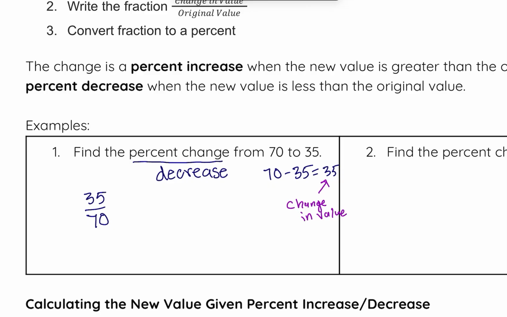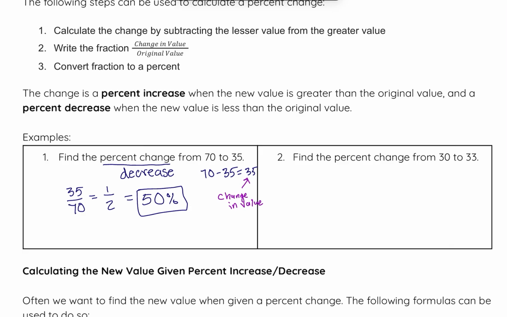To do this, we can simplify that fraction a little bit. 35 and 70 are both divisible by 35, so that simplifies to 1/2. And 1/2, we know, is equivalent to 50%. So the percent change from 70 to 35 is 50%.